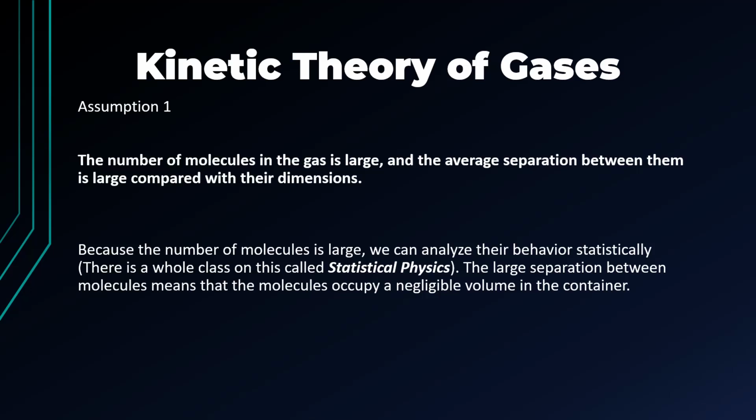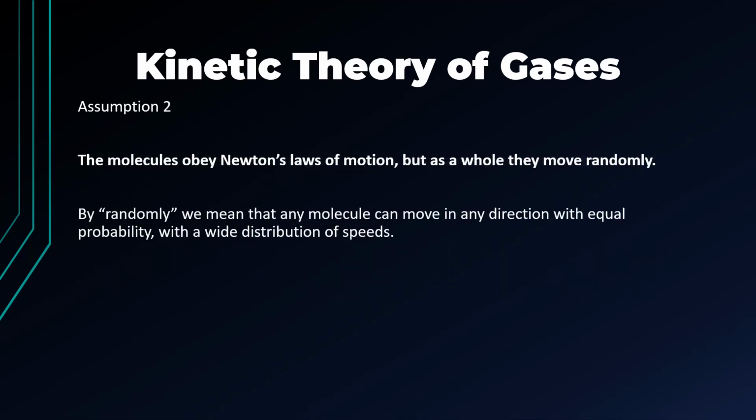So this large separation between the molecules means that our molecules are going to occupy a negligible amount of volume in the container. So we also have to assume that all of these molecules obey Newton's laws of motion, but they move randomly. They have this Brownian motion, and also they obey Newton's laws.